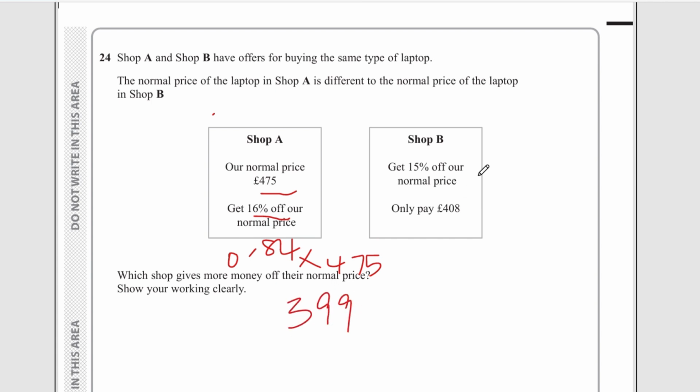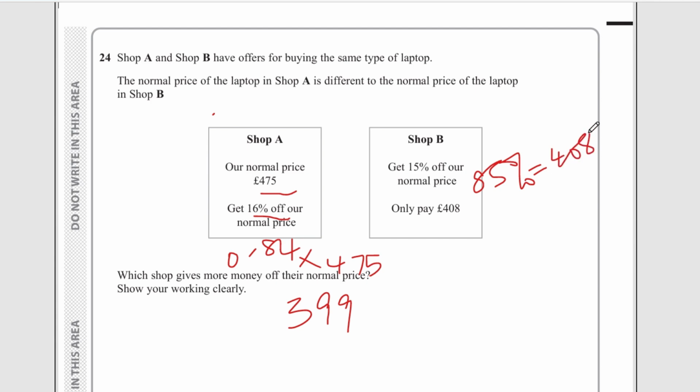Then let's go to the second shop B, okay? 15% off our normal price and only pay 408. So if they are giving you 15% off, the normal price is 100%. They are giving 15% off. So 100 minus 15 is 85%. That means you're buying at 85%. And that 85% you're buying, that price is 408.